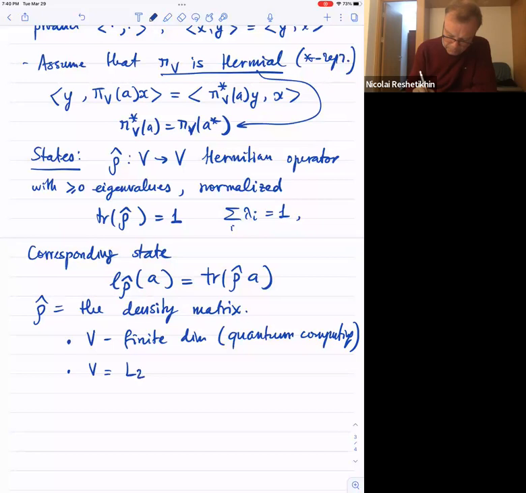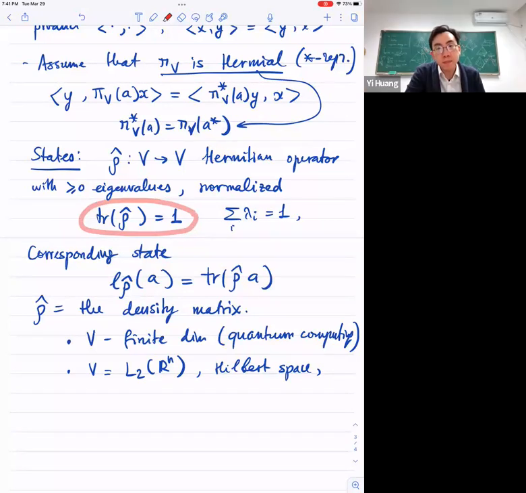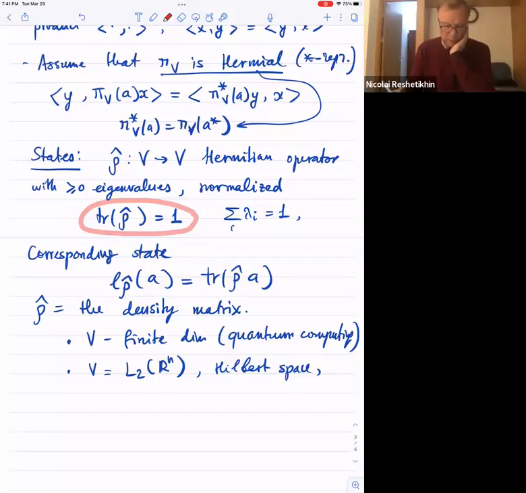And the other example is, say, when it's L2(Rn), so that's the Hilbert space with this norm topology, and we require that the trace is the usual trace in this Hilbert space.